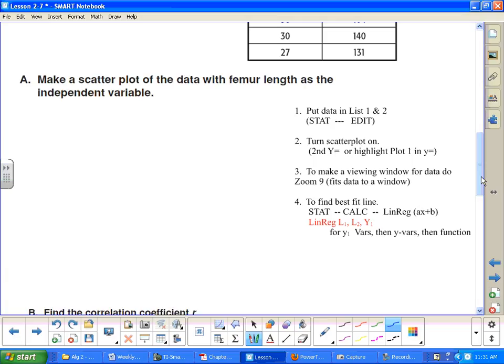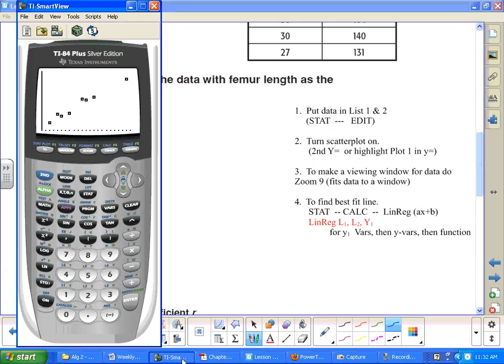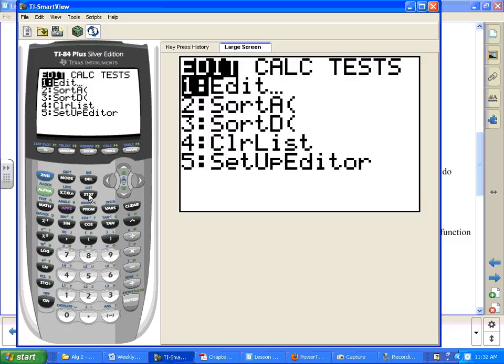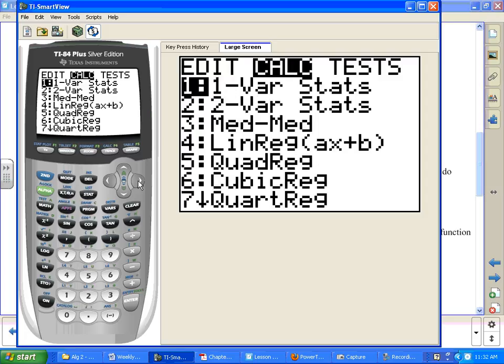Then we're going to find the line of best fit and the correlation coefficient. Okay. So to do that, we're going to press stat again. This is going to find the best fit line, and then go over to calc.